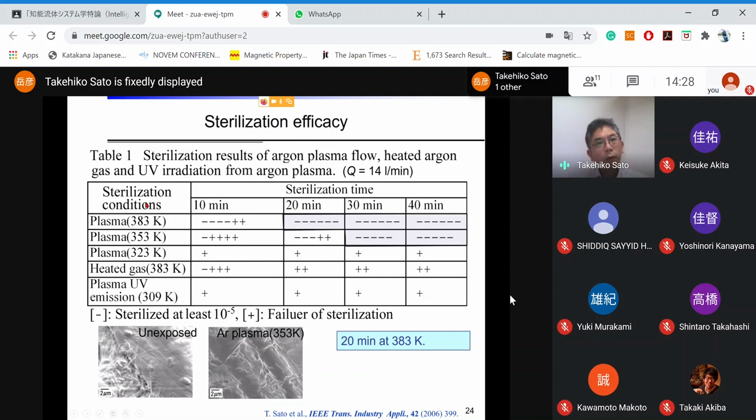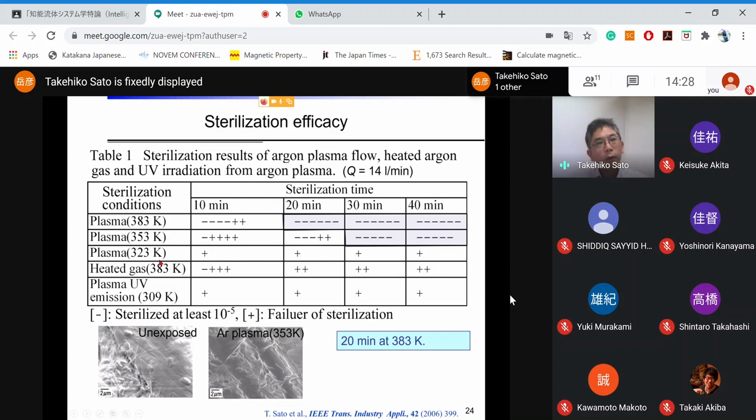In this case, at 383 Kelvin, so 110 degrees Celsius, a little bit high temperature, but at 353 Kelvin, so 80 degrees Celsius, it's necessary to expose for more than 30 minutes.